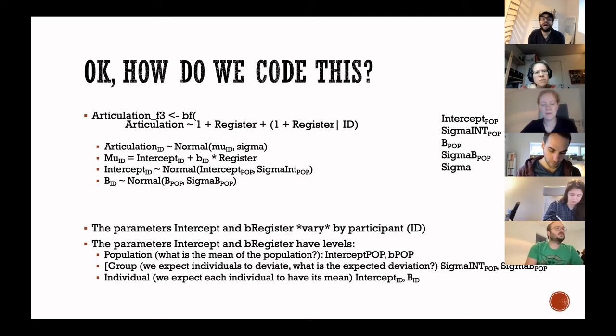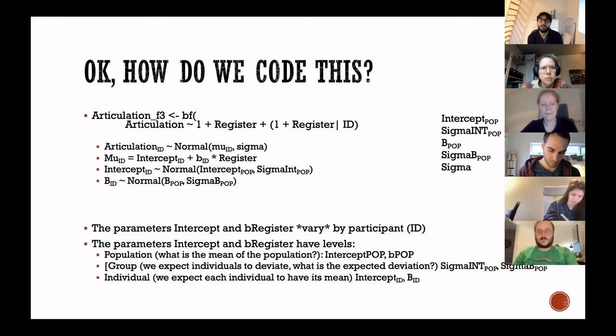We have a variation from this mean of the population. That's the group level. We expect individuals to deviate from that. They're not going to be exactly the mean, right? What is the expected deviation? The expected error if we try to predict the mean of a participant from the mean of the population.